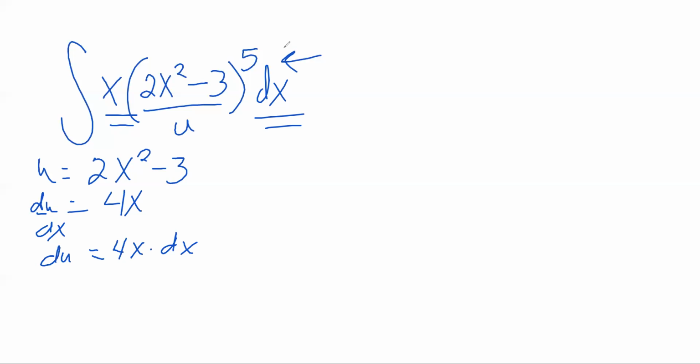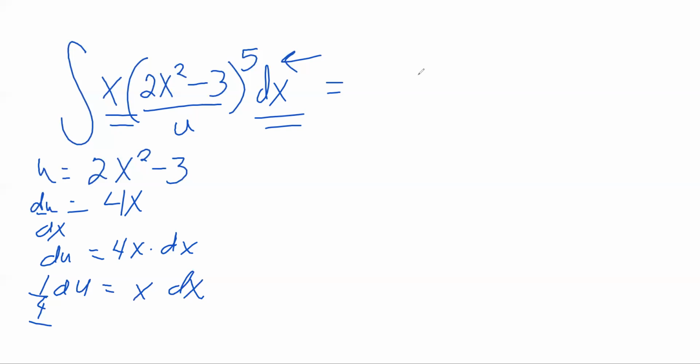So what you're going to end up doing is you're going to make x dx equal to 1/4 of du. And 1/4 is going to be taken out and become a constant factor. Now you have to rewrite this integral.